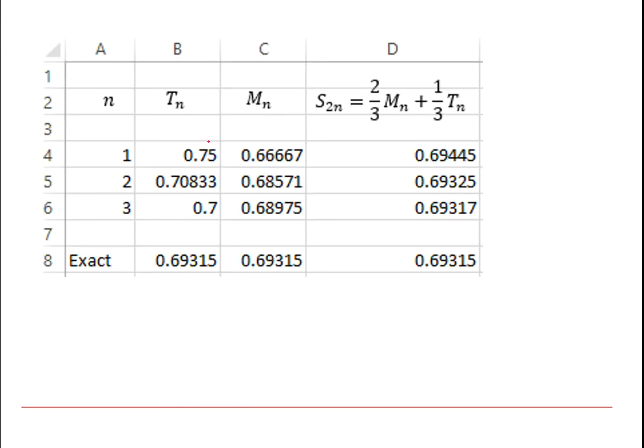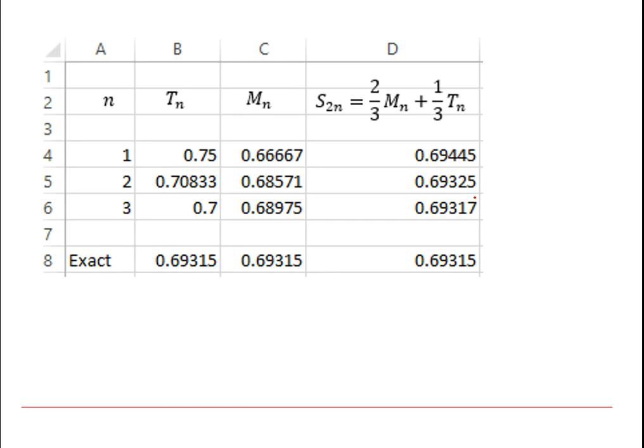So here we have part of a spreadsheet where we've entered the values that we found in the earlier example for the trapezium rule and the midpoint rule, and in column D we've got the Simpson's rule figures using the formula we've just established.